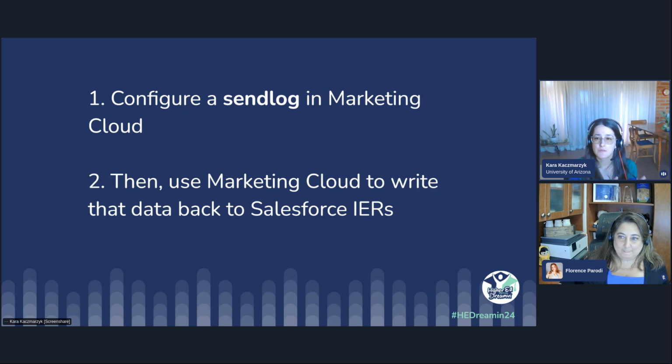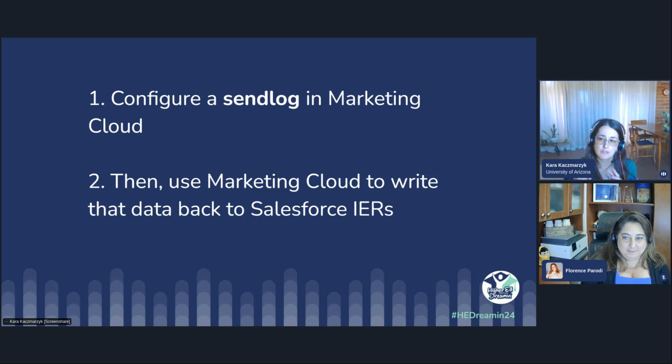So it starts with configuring a send log in Marketing Cloud. And the send log, if people aren't familiar with it, and we'll get into a little bit more, is essentially a data extension in Marketing Cloud that just automatically starts capturing any additional information that is included in a send.